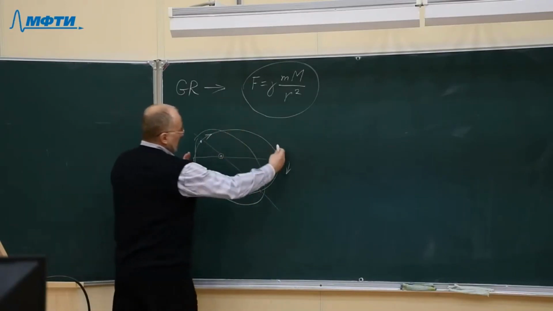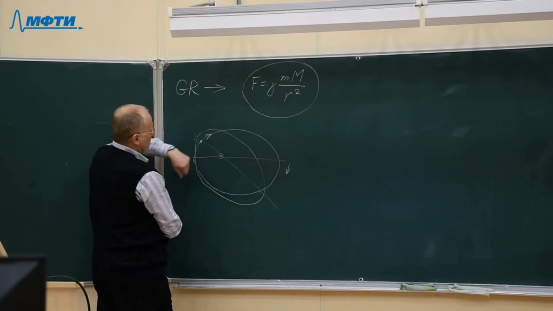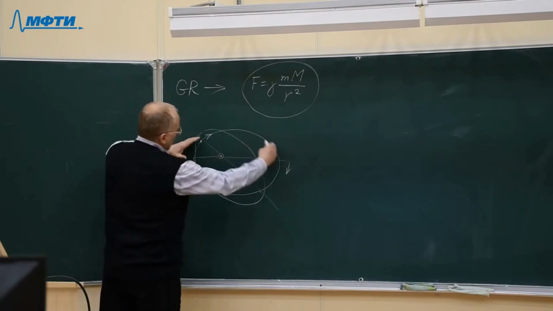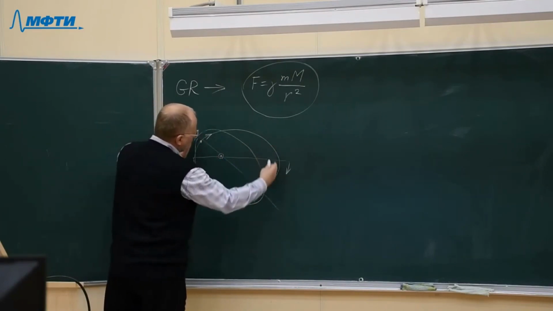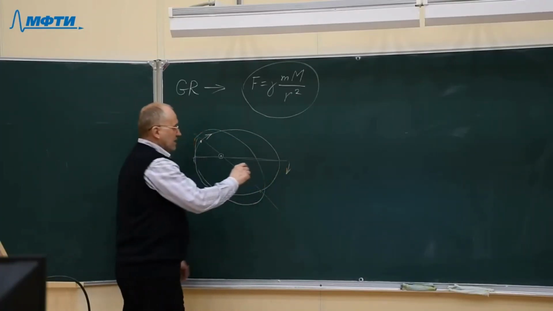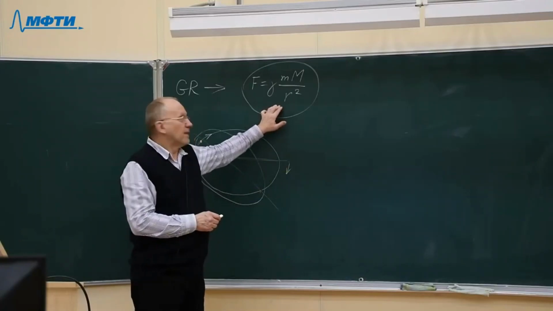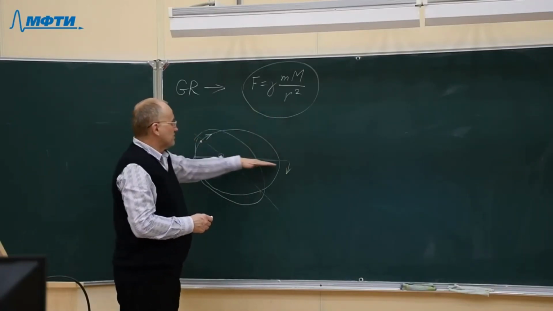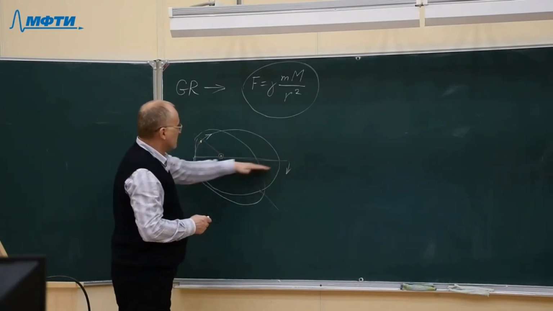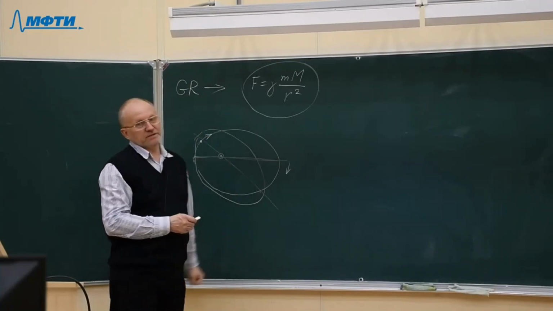So the ellipse is slowly rotating around the Sun, around the focus. And this slow rotation of the main axis cannot be predicted using Newton's gravitation law. This slow motion of the main axis of the ellipse can be described within the general relativity theory.